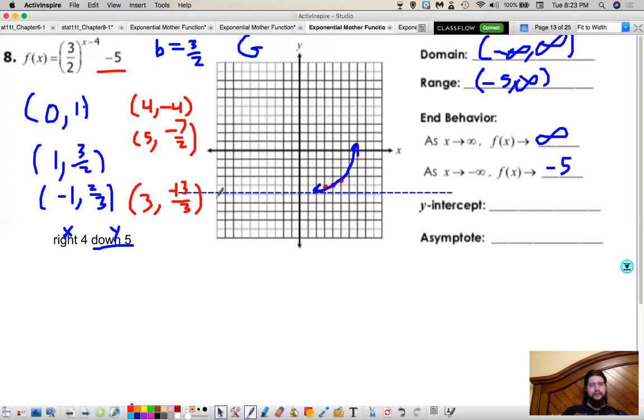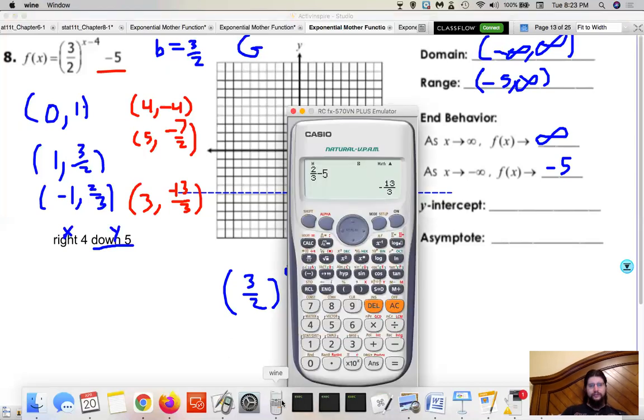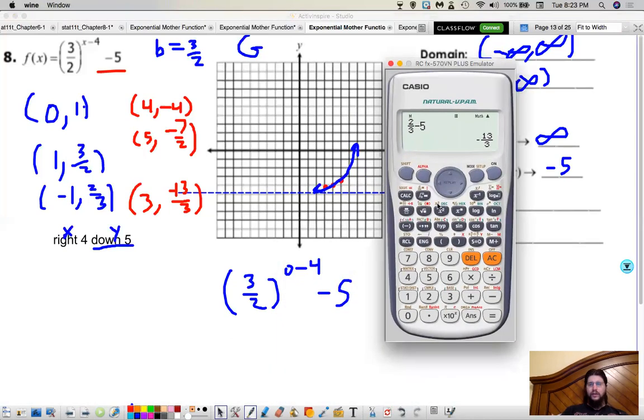Let's see. It's going to be 3/2 to the 0 minus 4 power, minus 5. Let's see what that is. 3/2 raised to the 0 minus 4, minus 5. That's -4.8. We're going to go to the 10th place.